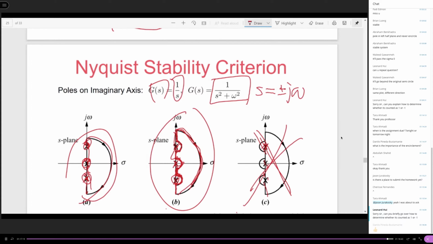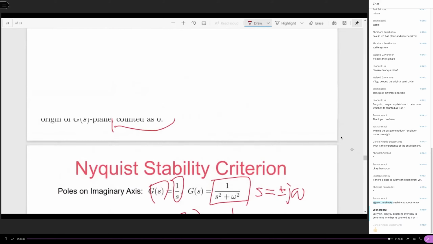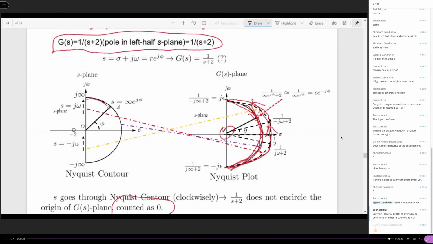Once again, I said it is very clear. We specify clockwise as the positive direction, so we're not going to have confusion. It's always clockwise as the positive direction, which means that on the Nyquist contour, always this direction is positive.